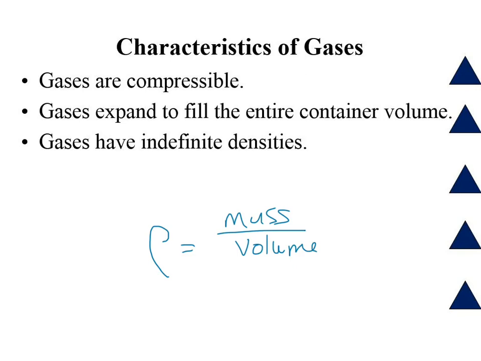We do a division, rho. So here, as I'm doing this, I have the same mass of gas particles but a smaller volume. So I'm increasing the density. It's getting more and more dense. So when it says that it has an infinite density, that's what it's talking about. It's related to its compressibility.